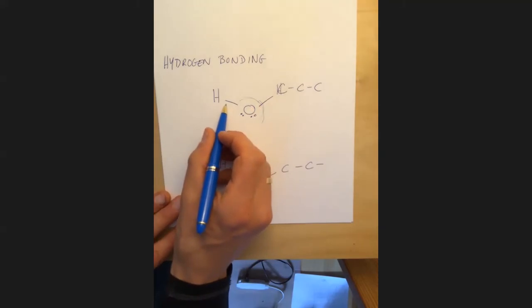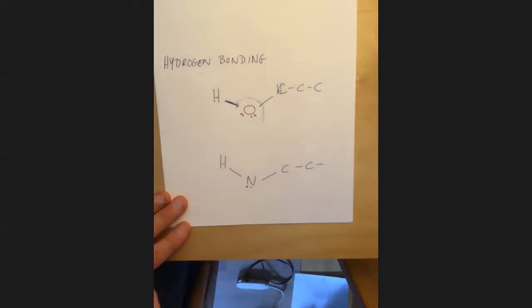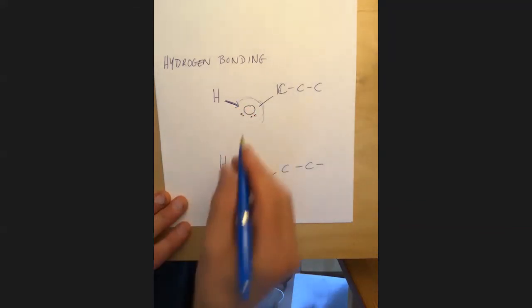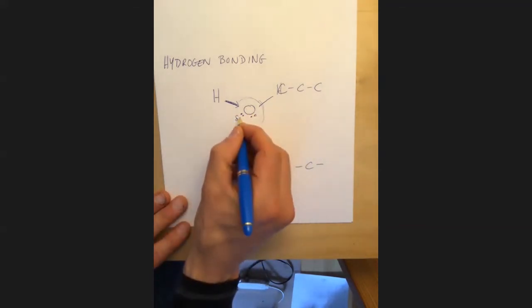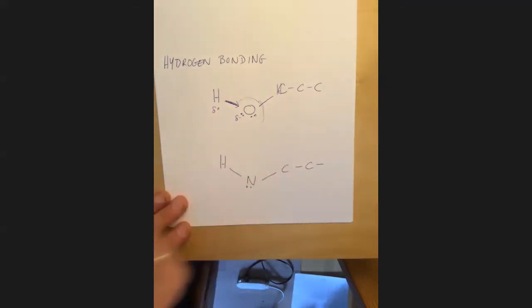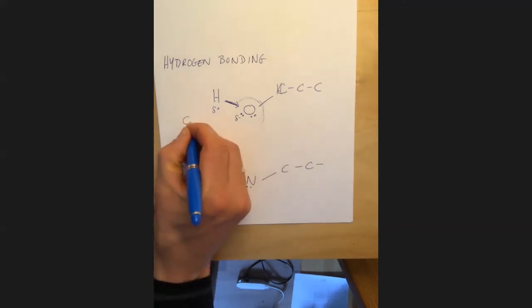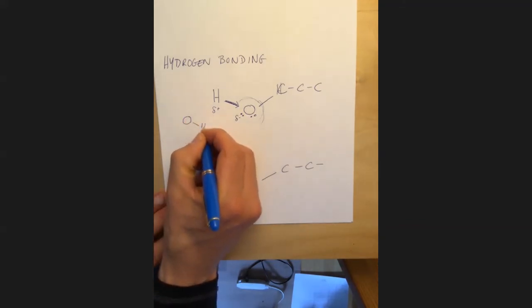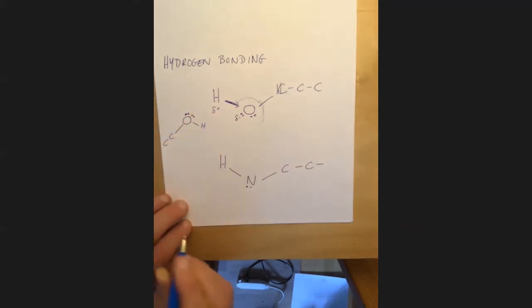And so these shared electrons in this hydrogen-oxygen bond are drawn towards this oxygen. And that means that this oxygen is slightly negatively charged and this hydrogen is slightly positively charged. That positive charge gives us a chance to form another bond with an adjacent molecule.